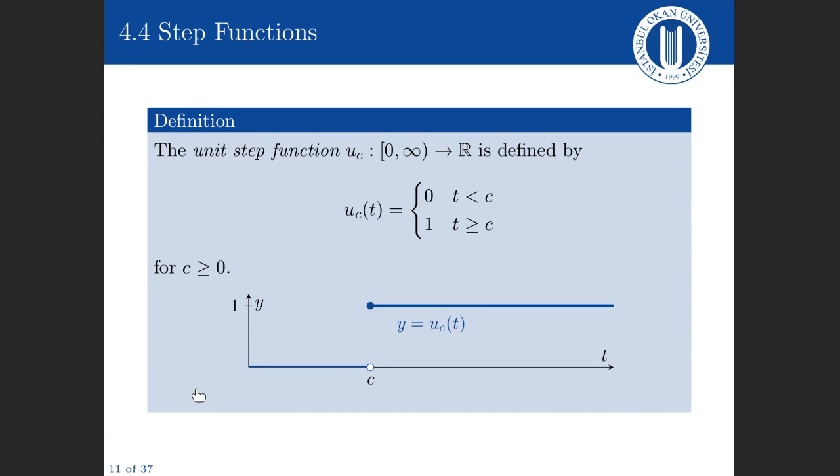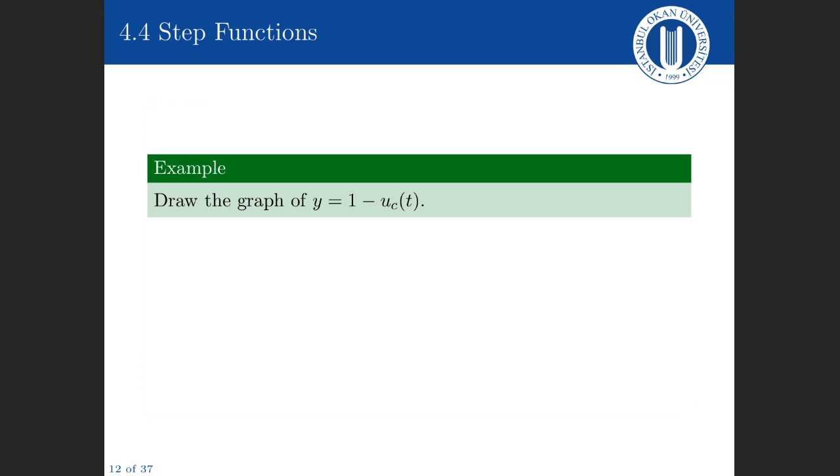Graph of the function is here. Basically, it's just a graph which is 0 until we get to c, and then it jumps up and is equal to 1 for all of the way between c and infinity. First example, draw the graph of y is equal to 1 minus uc of t.